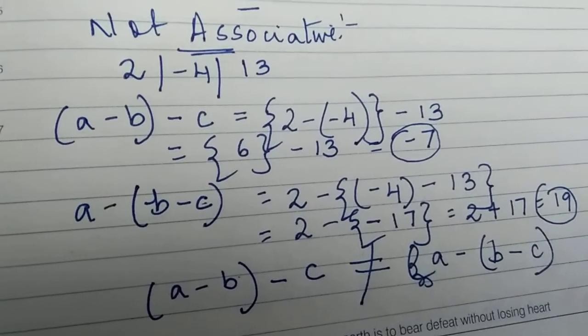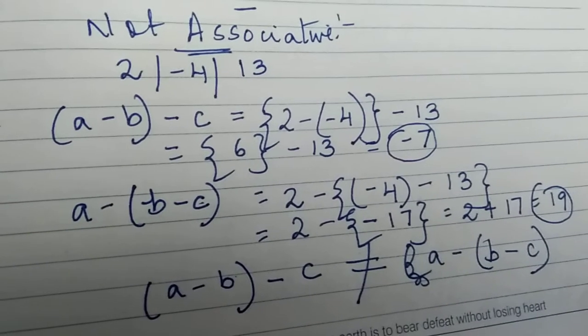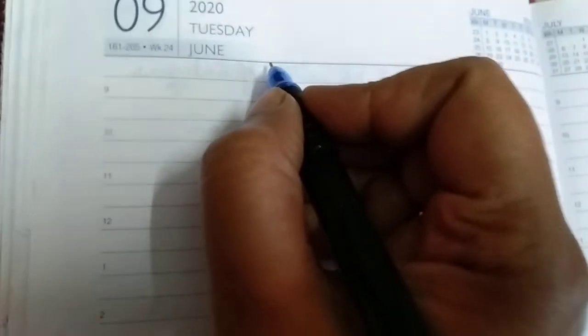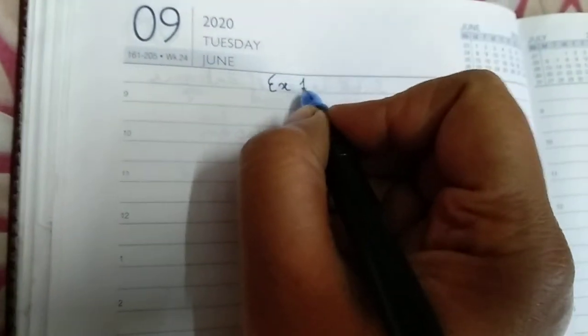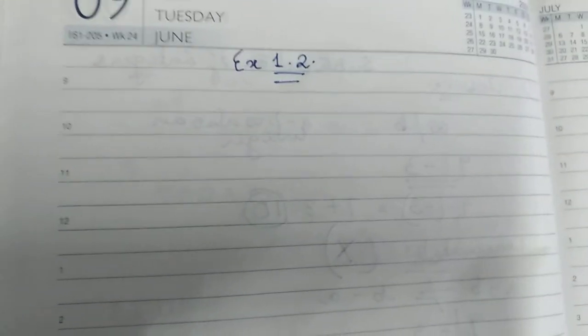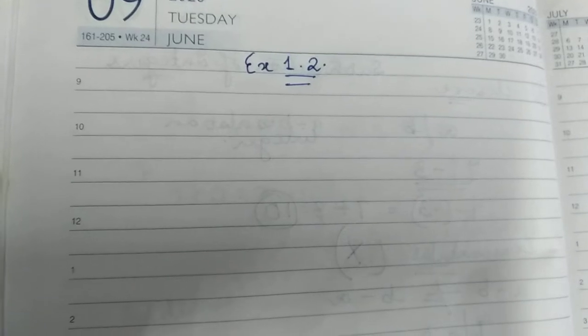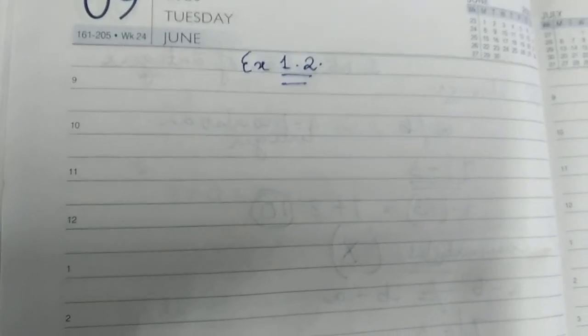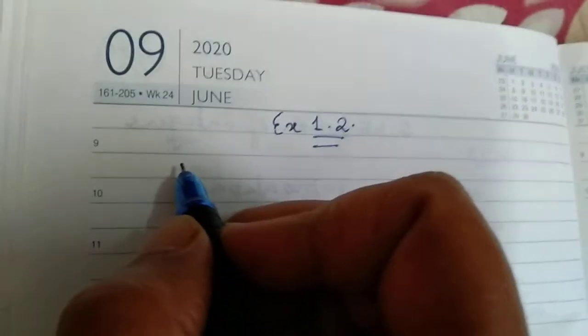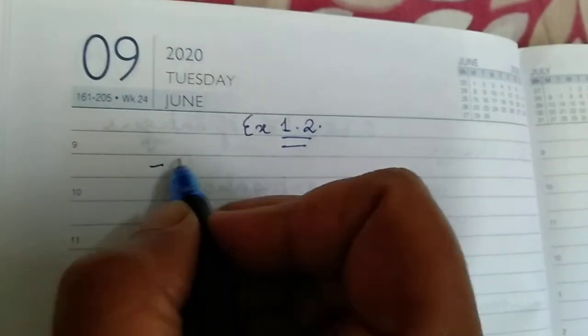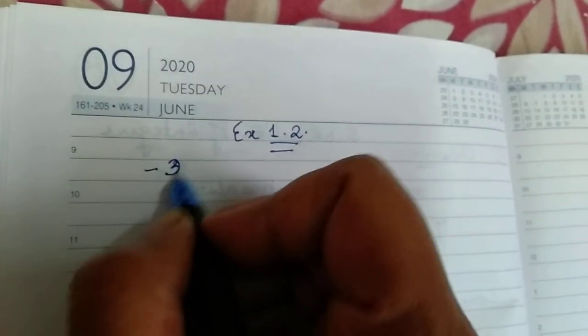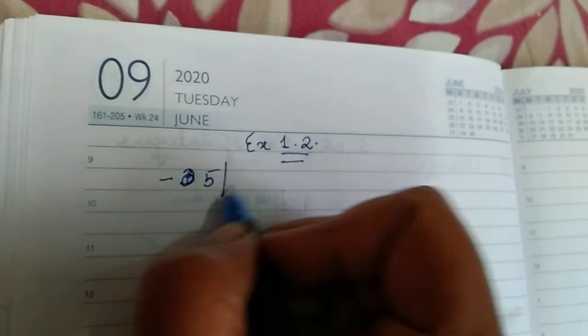This is a very short exercise, exercise 1.2. The first question, write a pair of integers whose sum is minus 3. Any integers you can take, any, so that the sum is minus 3. I can take it as minus 5 and 2.